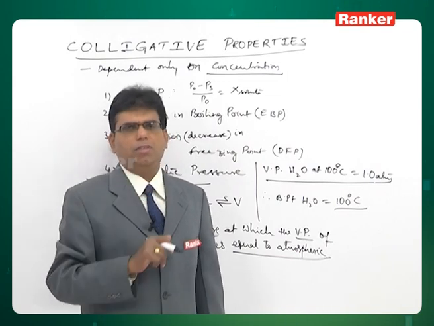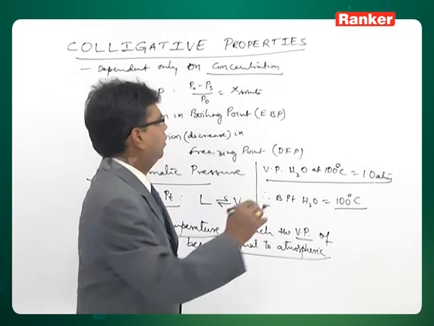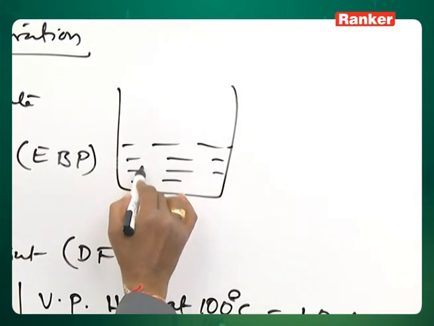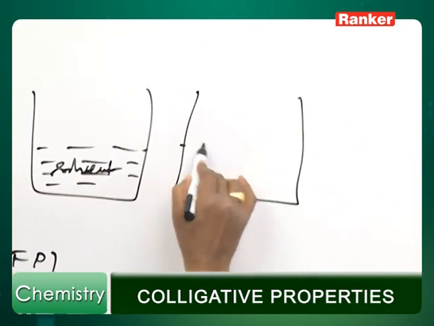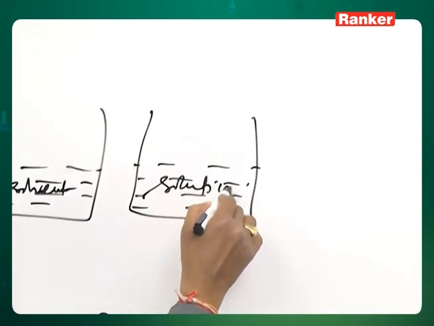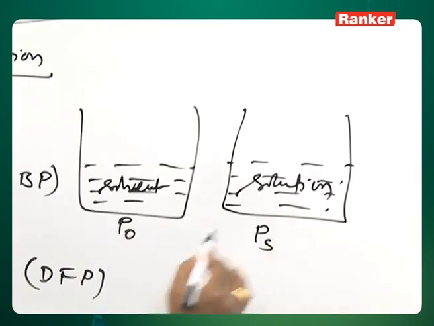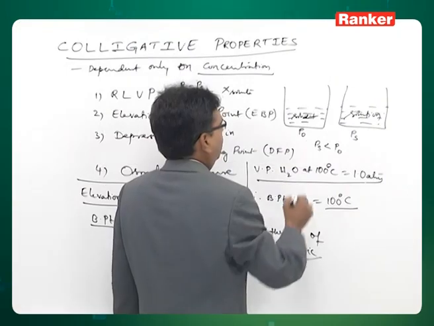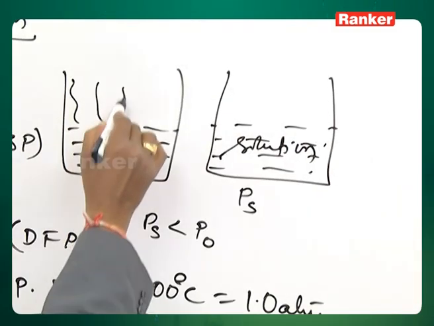So, when the vapor pressure of the liquid decreases, now compare a pure liquid, this is the pure solvent, and here you take a solution. The solvent vapor pressure, as we said, is P naught, the solution vapor pressure is Ps, and we already said that Ps is less than P naught.